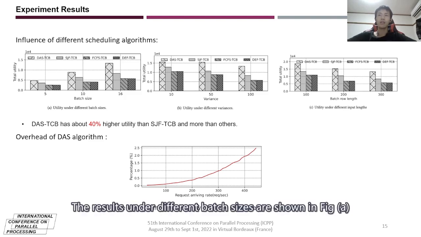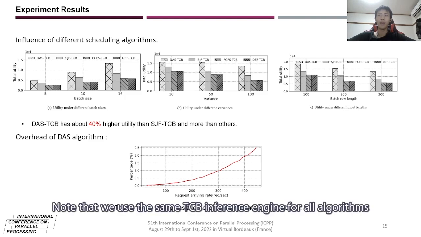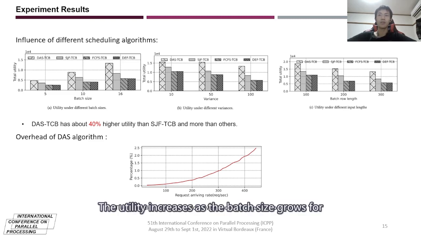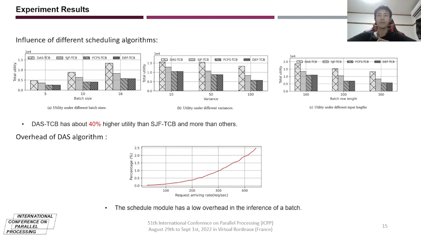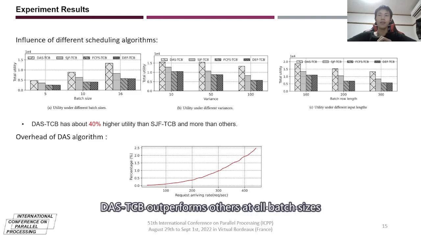The results on different batch sizes are shown in Figure A. Note that we use the same TCB inference engine for all algorithms. The utility increases as the batch size grows for all algorithms because a large batch size can accommodate more requests. DAS TCB outperforms others at all batch sizes.